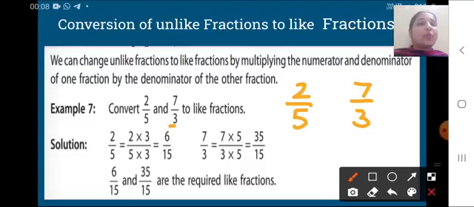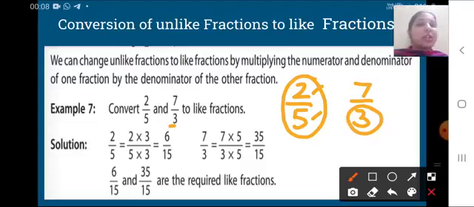What we will do, we will multiply the numerator and denominator of one fraction. Suppose this is one of the fractions. We will multiply both the numerator and denominator by the denominator of the other fraction. What is the other fraction here? That is 7 upon 3. So we will multiply both the numerator and denominator of the first fraction by the denominator of the other fraction.